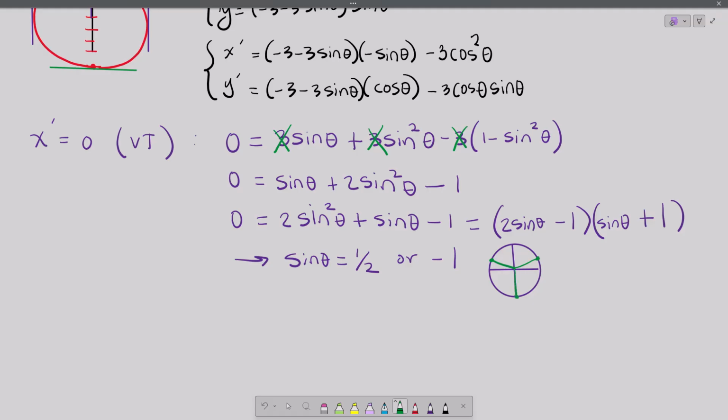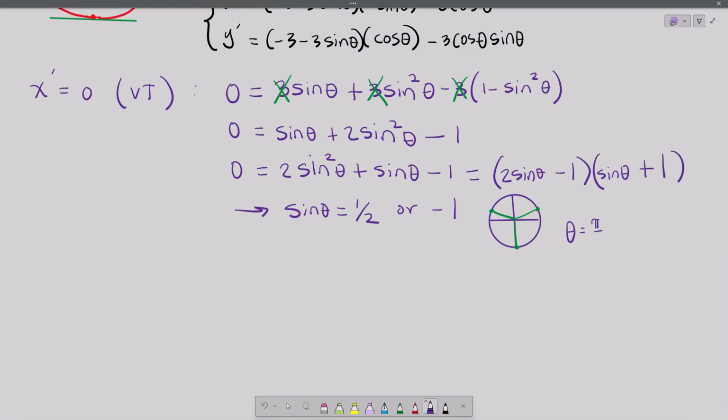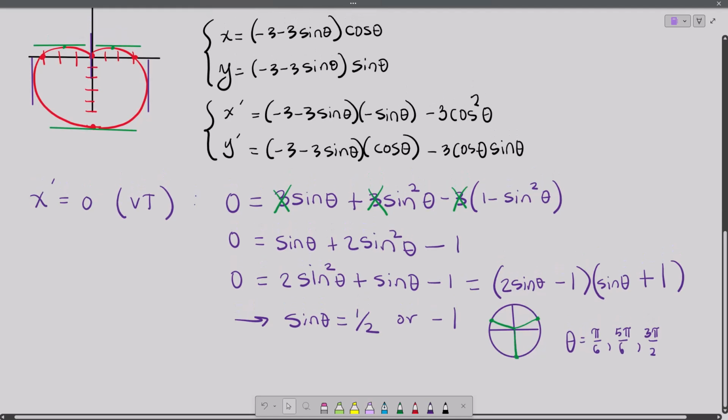So we have 3 angles. So our 3 angles are theta equals pi divided by 6, 5 pi divided by 6, and 3 pi over 2. So that's where our vertical tangents are, at those angles. That's where our VTs are. So the purple, those angles.